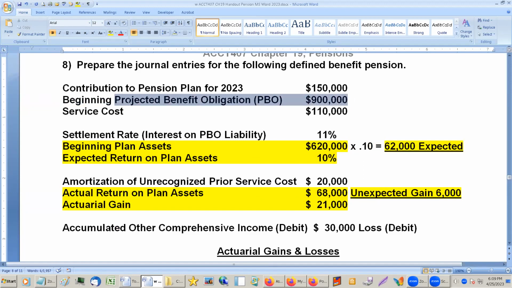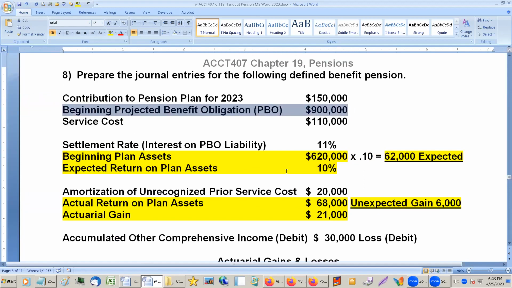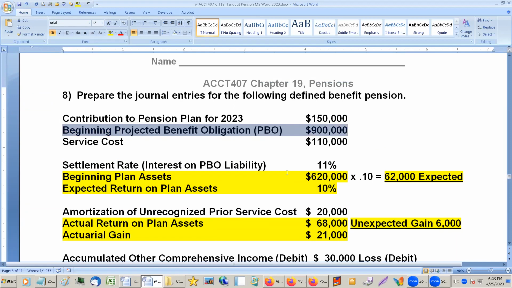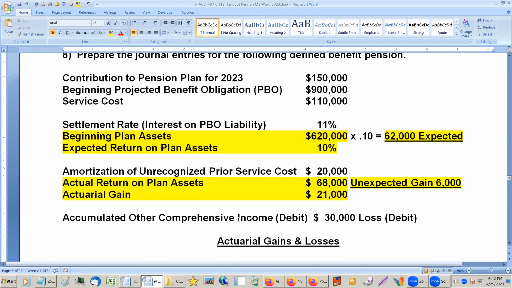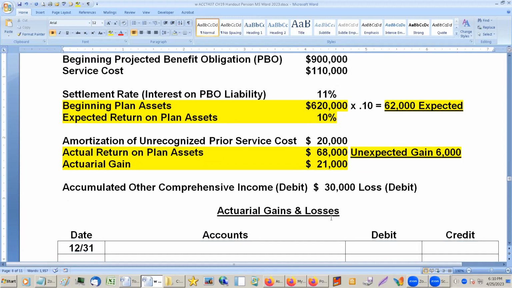You're not going to see that in this class. It's there for when there are really wild swings in the market. That's what that 10% corridor rule is there for. And quite honestly, usually it washes out within a couple of years at most. Sometimes it washes out by the next year. But anyway, it's on the books there, in case it does happen.